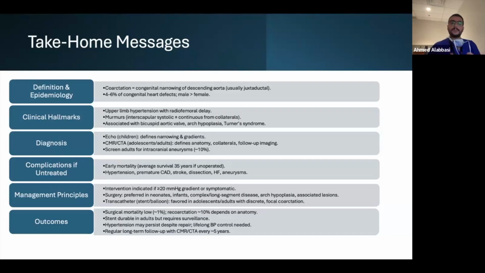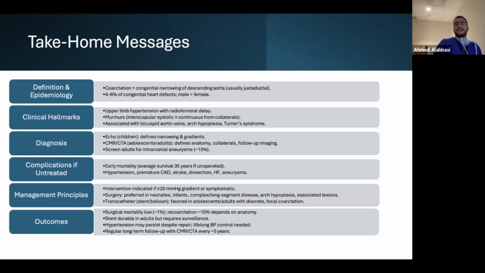You can hear an interscapular systolic murmur due to a high flow across the narrowed segment, and you can hear a continuous murmur from collaterals, and it can be associated with multiple congenital heart defects such as bicuspid aortic valve, aortic arch hypoplasia, Turner syndrome.